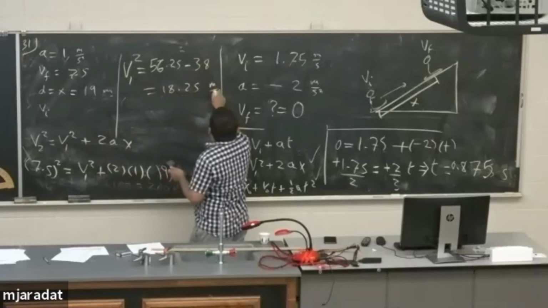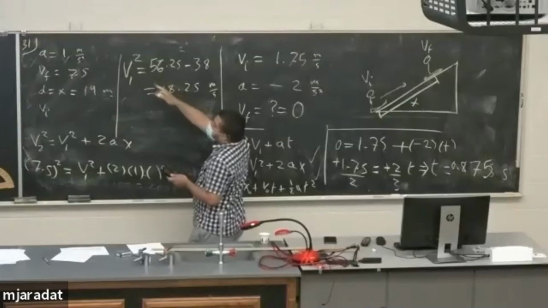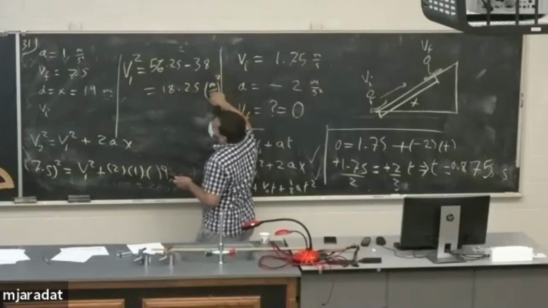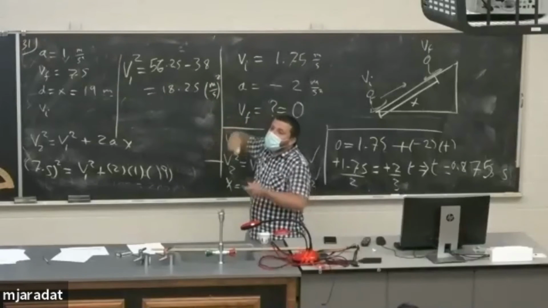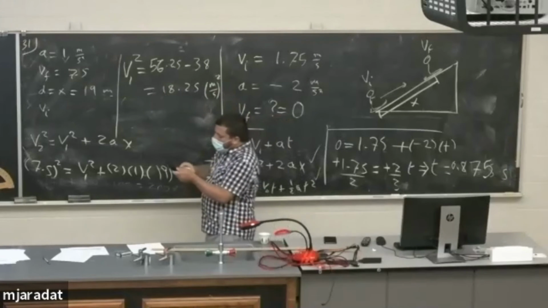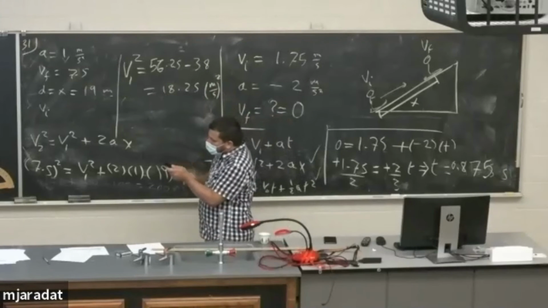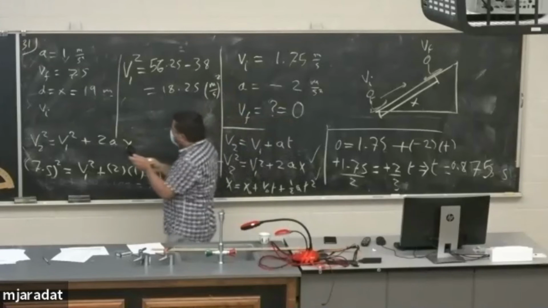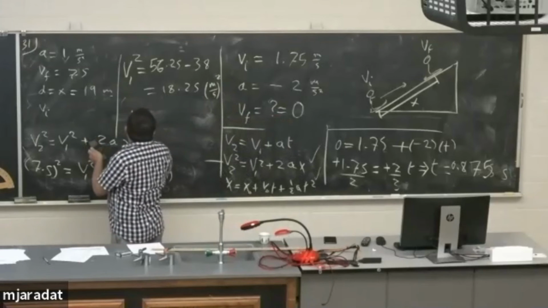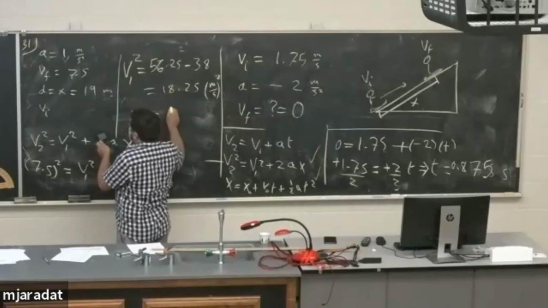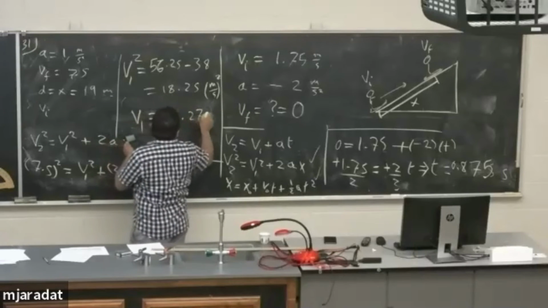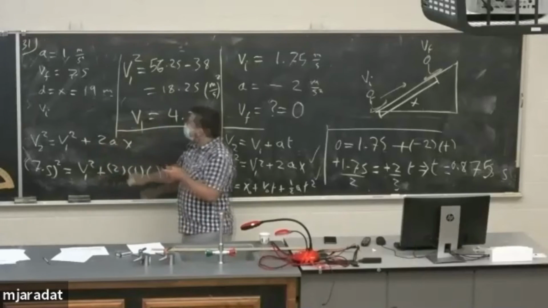This is meter per second, right? Because this is velocity. This is velocity squared. All of them are squared. We need to find the square root. So V1, which is the square root of this, is 4.27 meters per second.